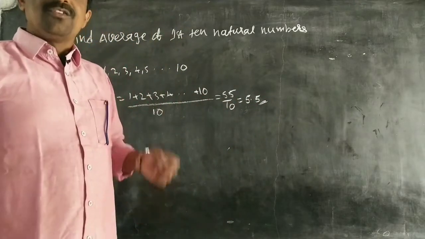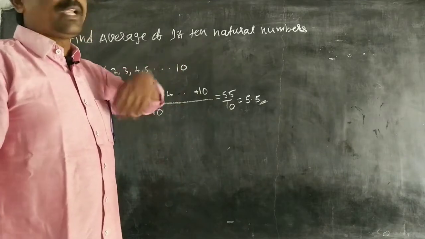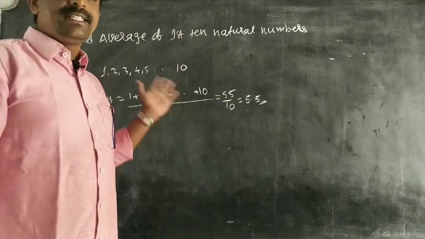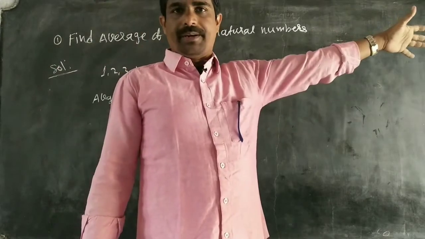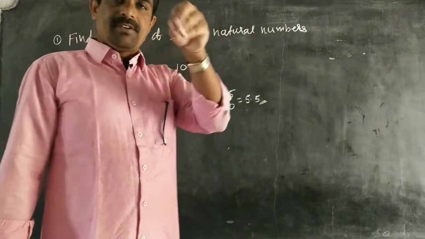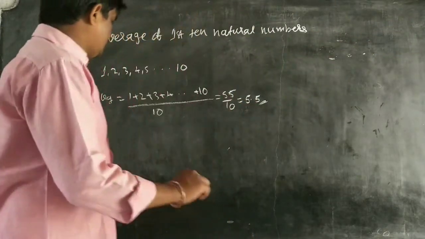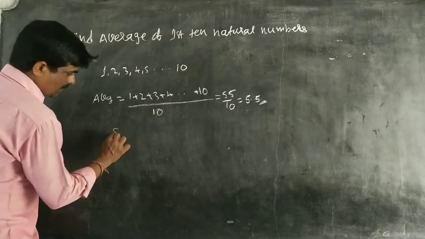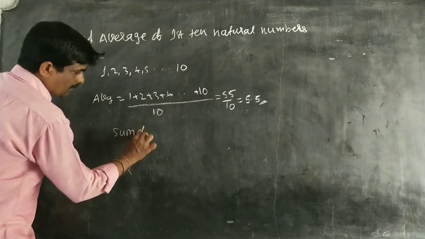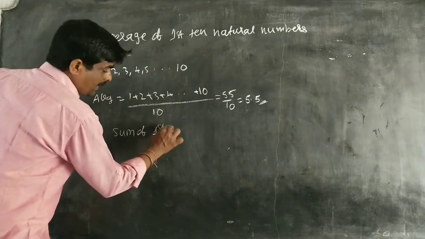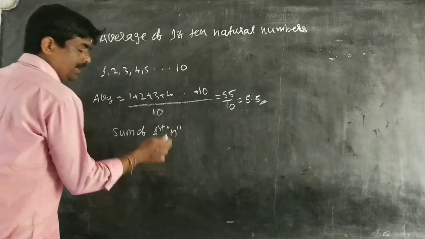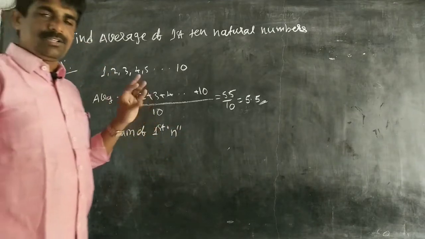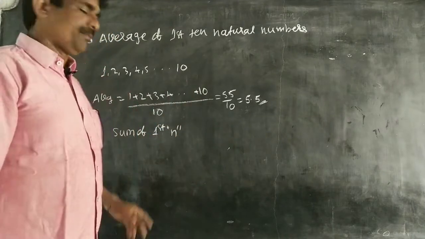Up to 10 you can easily find. But for 100, it is hard to write all the numbers, and it is not possible to count up to 100. So there is one principle, a formula: the sum of the first n natural numbers. Instead of n, you write 5, 10, 20, 30, whatever it may be.